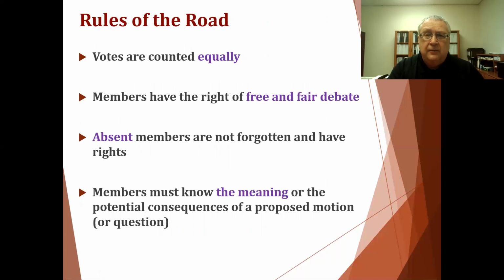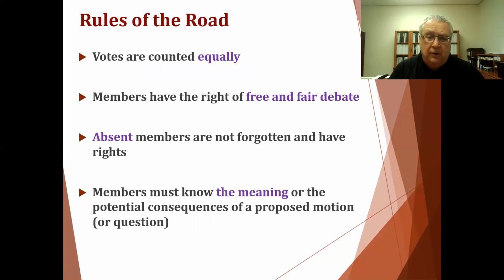So in terms of principles, the rules of the road, when we talk about parliamentary process, we talk about Robert's Rules of Order, there's some basic ideas that we want to take into account. First, votes are counted equally. Usually by show of hands, can be done by ballot, but votes are counted equally. All members, and we use the word assembly at times, have the right to a free and fair debate.